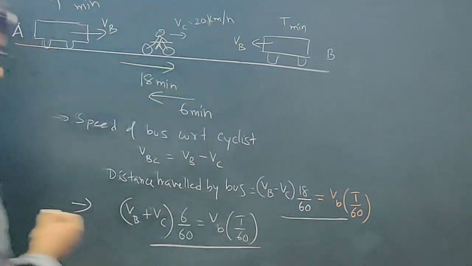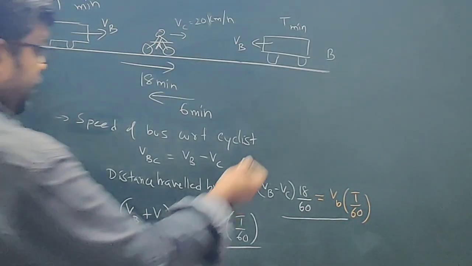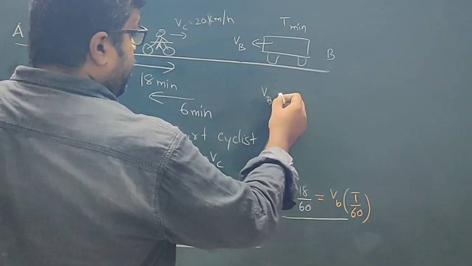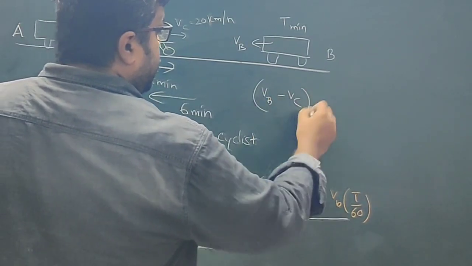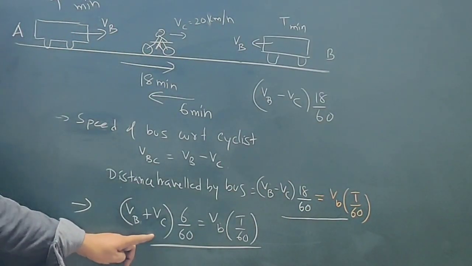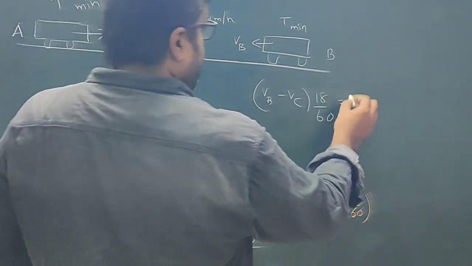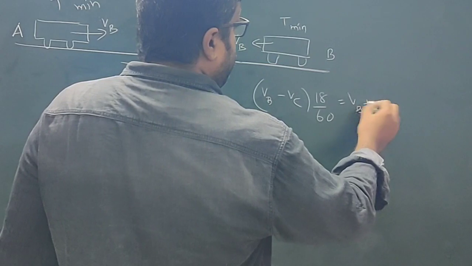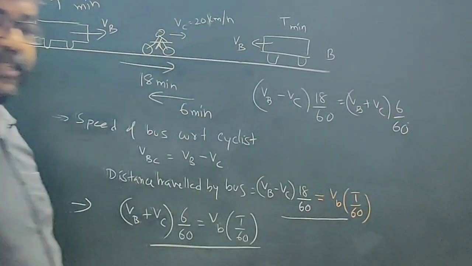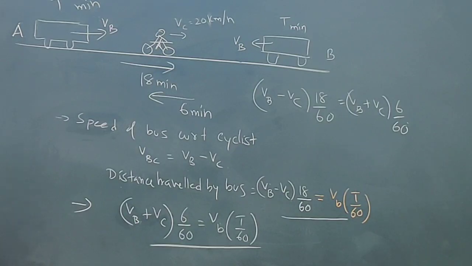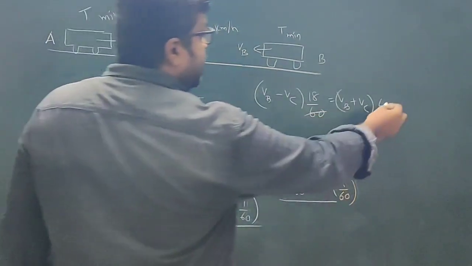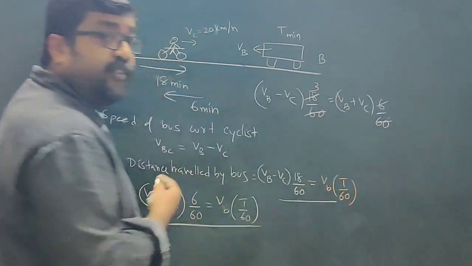If we compare these two equations, we can write VB minus VC into 18 by 60 is equal to VB plus VC into 6 by 60. So this gets cancelled, this is 3.